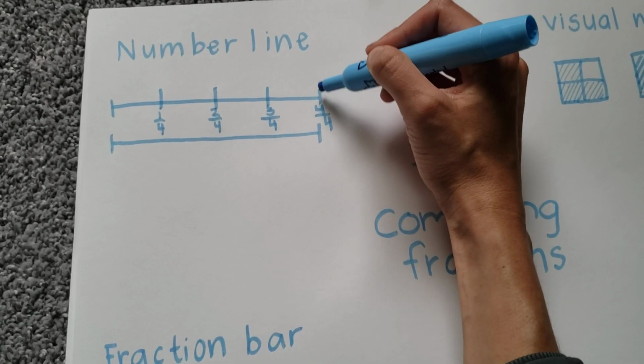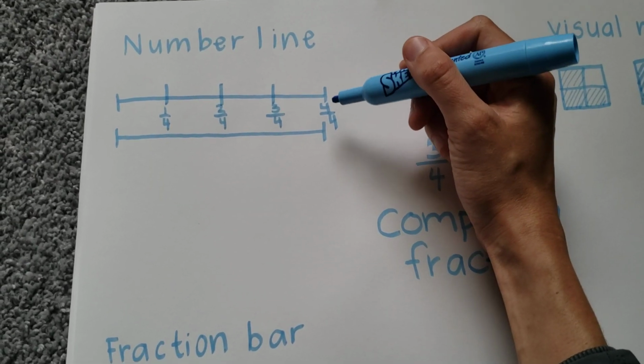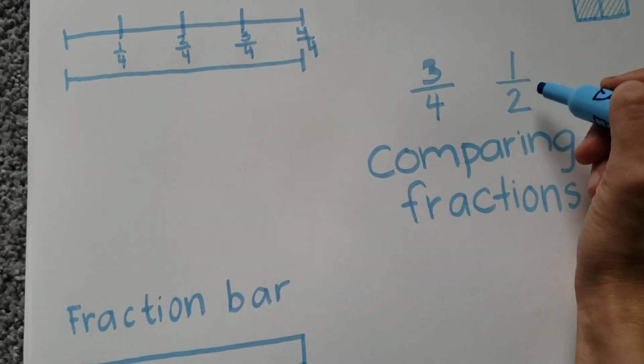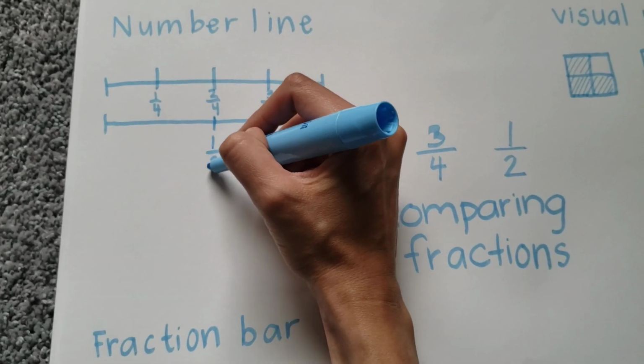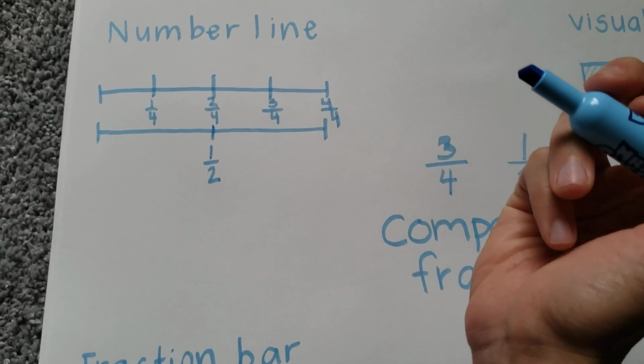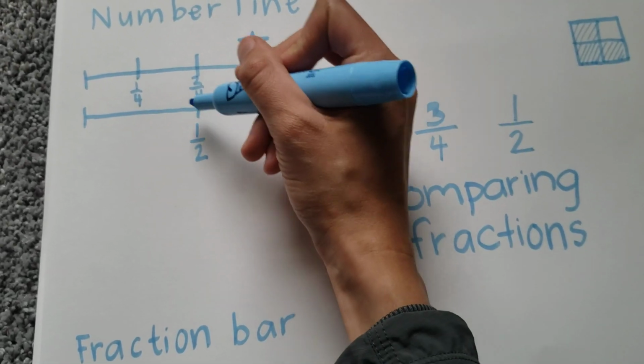And you notice that 4/4 is at the end of the line because 4/4 is a whole. My next line I'll be breaking into half, so I just need to make a halfway mark.